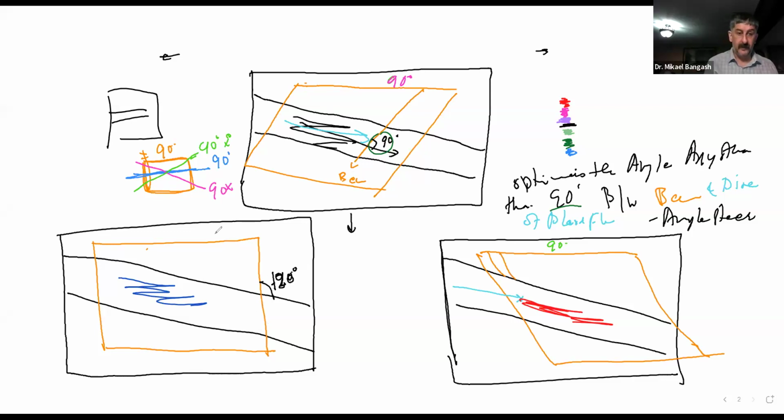But previously, if the blood vessel ran straight across your screen like this, it was not an optimal angle, and now it is an optimal angle. Did you guys get that? Good. Any questions?